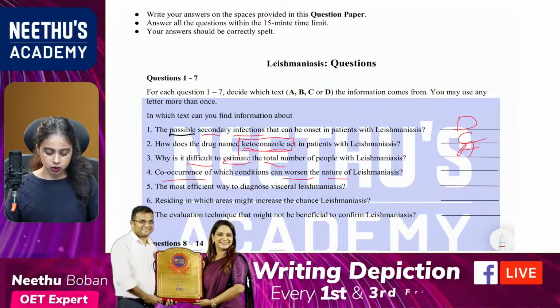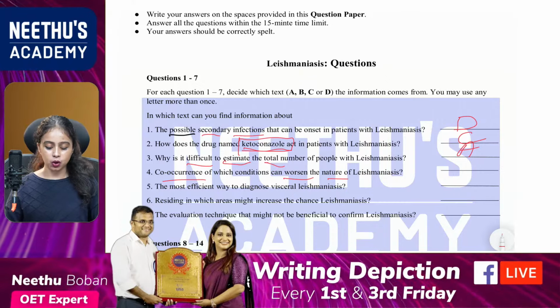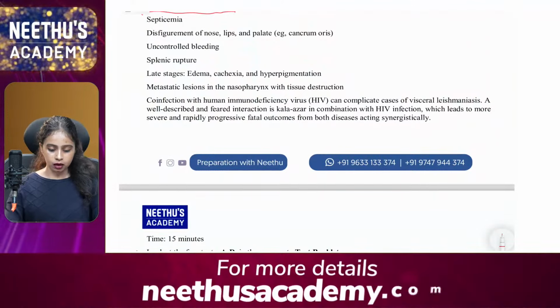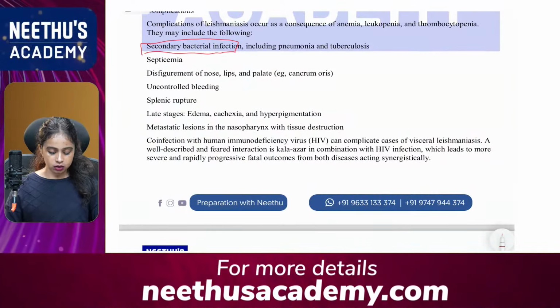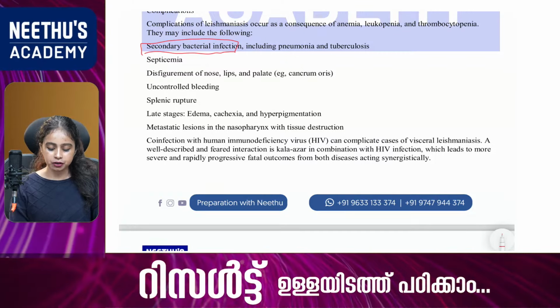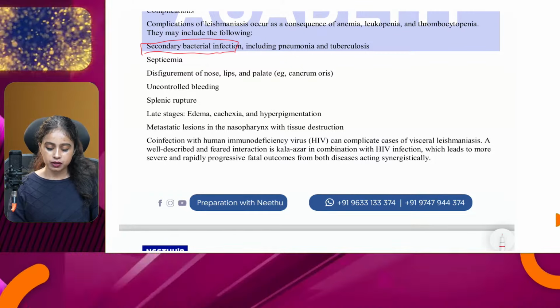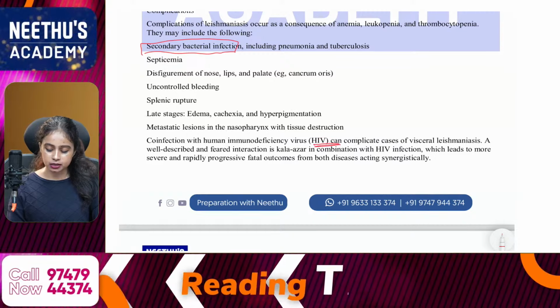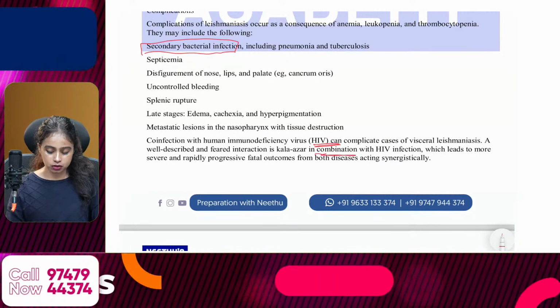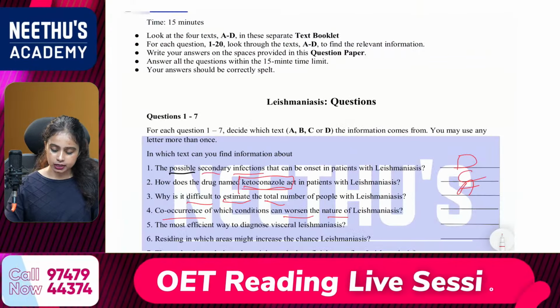The fourth one is all about co-occurrence of the condition, which is mentioned in text D. So co-infection with human immunodeficiency virus, and they have mentioned the other combinations, co-occurrence. So that is from text D.